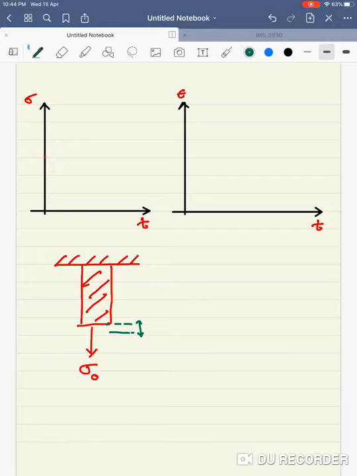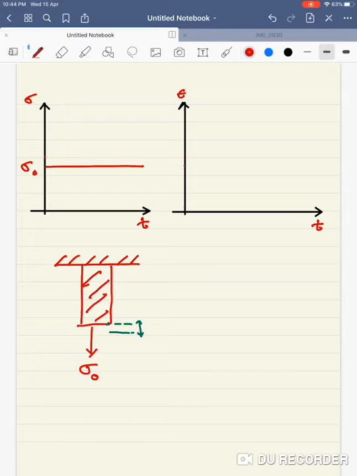So if this is an elastic body, then what will happen is that you will have a strain. This is some sigma naught. So this is your handbook in which you are just making notes. So you are doing this particular experiment, and then you say, okay, this is my control, I have put this much amount of stress into the system, and what are you going to register for an elastic body?